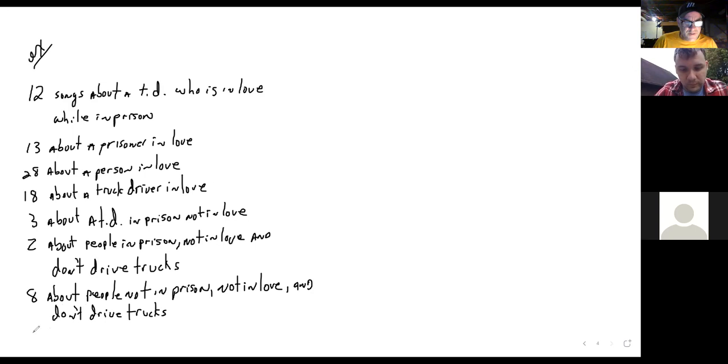And 16 about truck drivers who are not in prison.